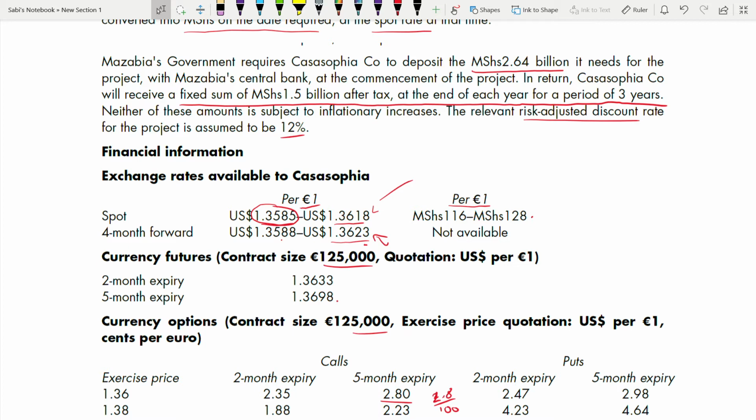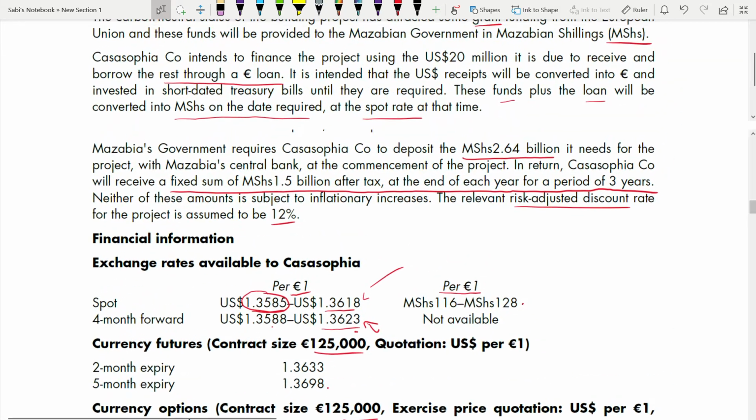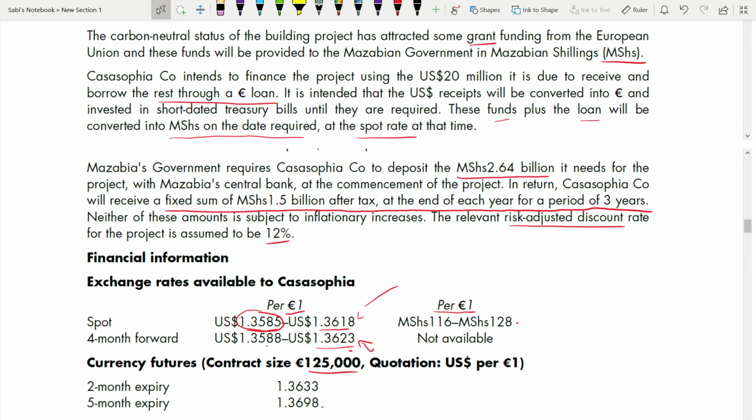We are buying euros. Why are we buying euros? For the next 3 years, what are we receiving? We are receiving Mezabian shillings. Since we are receiving, we are selling that currency and we are buying euro.